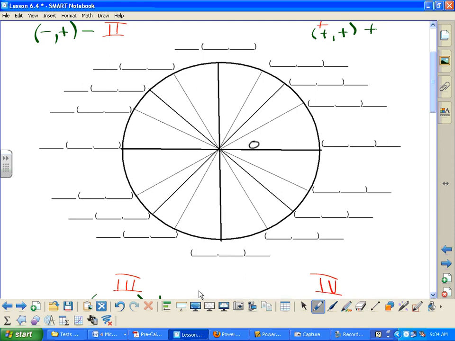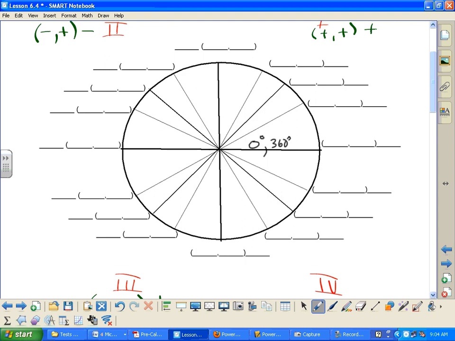Here's 0 degrees here, right? Okay, and I'm going to put degrees on the inside, and then we're going to put radians around the outside of the circle. Degrees towards the center and radians towards the outside. Okay, so it's 0 degrees here. If I go all the way around, I end up at 360, right?